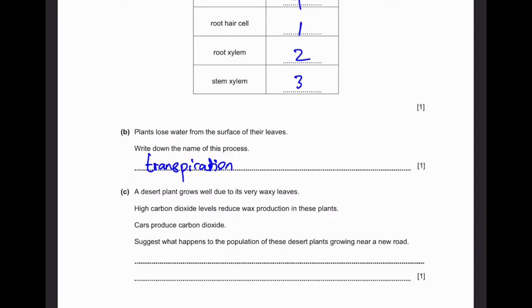If there's a new road, that means probably there'll be many cars on that road. And these cars will produce carbon dioxide very close to these desert plants. And therefore, it reduces the wax production in the plants. Because the plant's leaves lose their waxy covering, or lose the wax, that's how you can write.